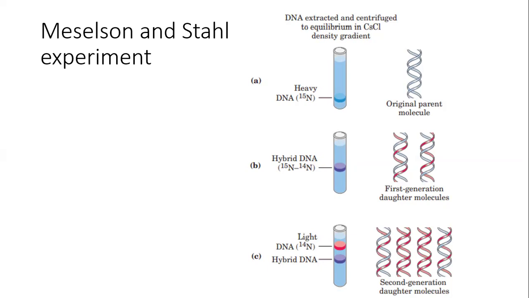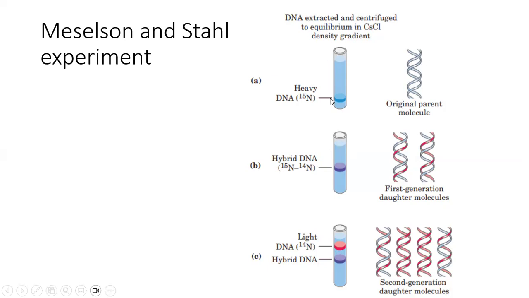So here is the Meselson and Stahl experiment that was conducted. For this, cells were grown for several generations in the presence of the heavy isotope of nitrogen, so that all the cells will contain 15N, the heavy isotope of nitrogen. The cells were then lysed and DNA was isolated and analyzed by cesium chloride density gradient centrifugation.